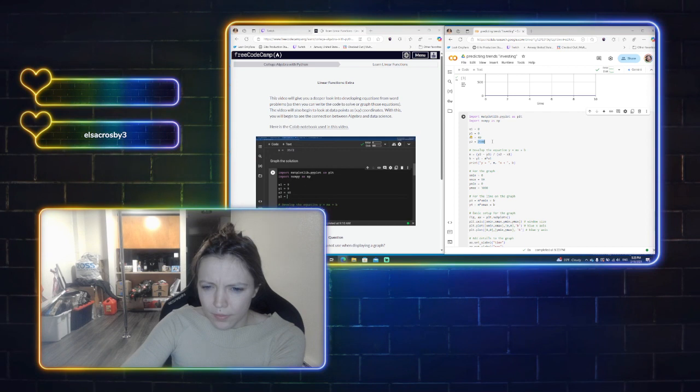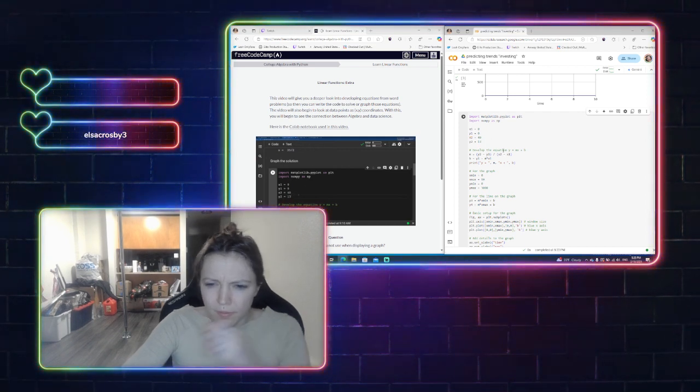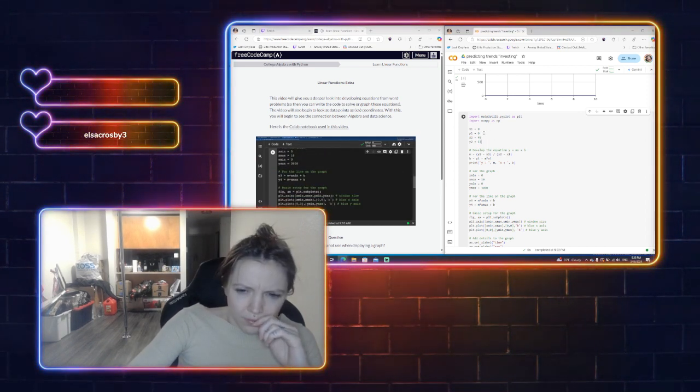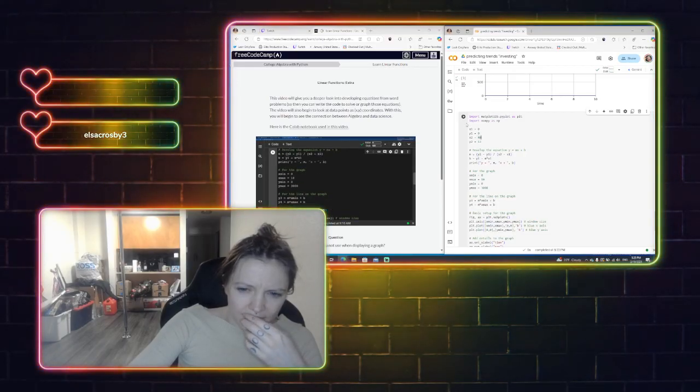And then that's going to be 13 because it's in tons.